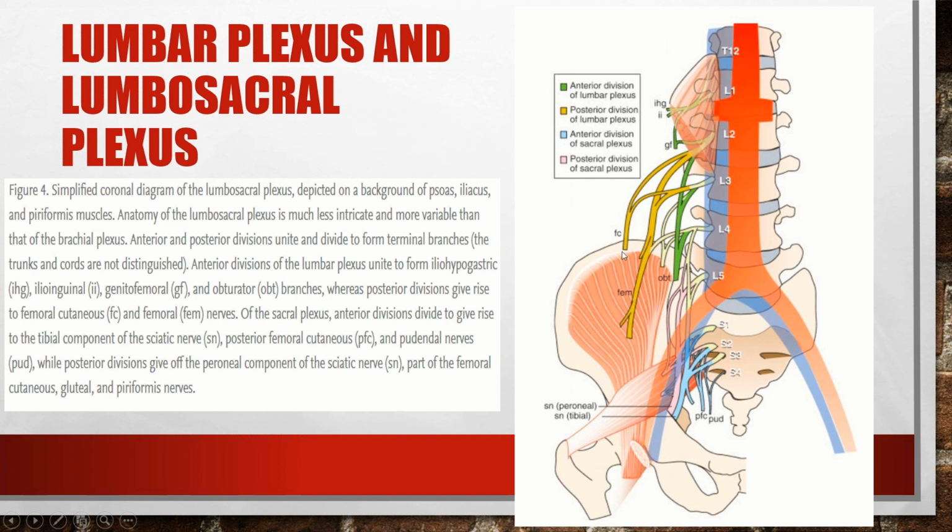The sacral plexus gives rise to the sciatic nerve's tibial component, the pudendal nerve, and the posterior femoral cutaneous nerve. The posterior division of the sacral plexus gives rise to the peroneal component of the sciatic nerve, and the piriformis nerve.